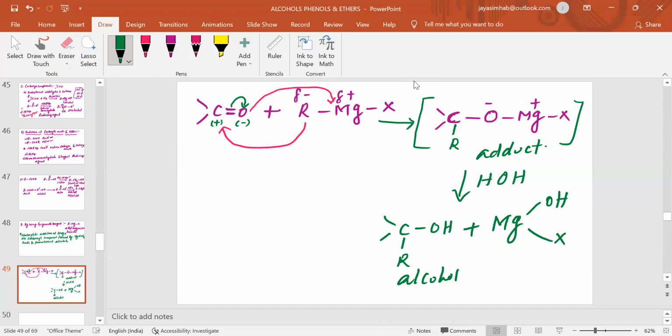This hydrogen has bound to this particular oxygen and OH has bonded to magnesium. This is what happened here during hydrolysis.